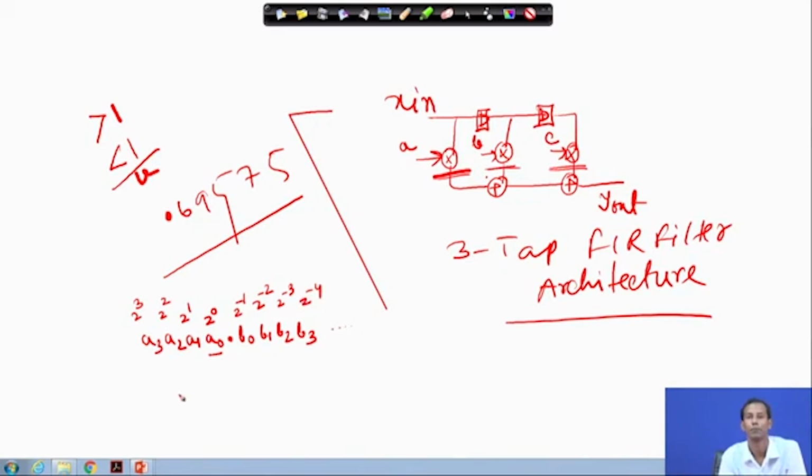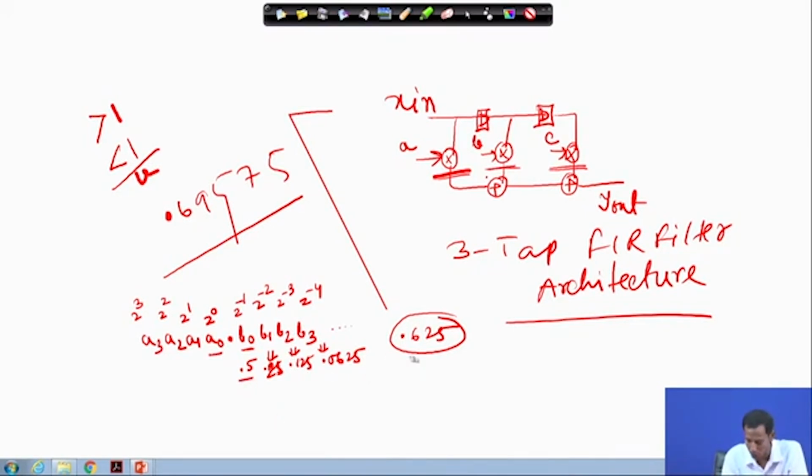Suppose I have to represent the value 0.625. This position corresponds to 0.5, this to 0.25, this to 0.125, and this to 0.0625.